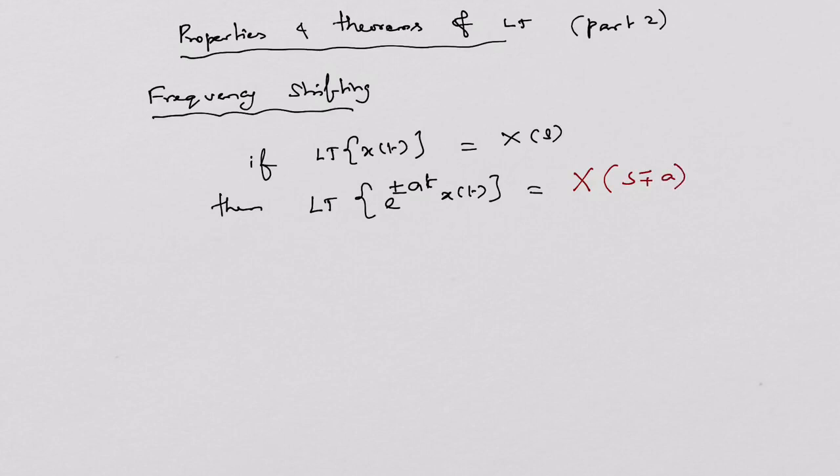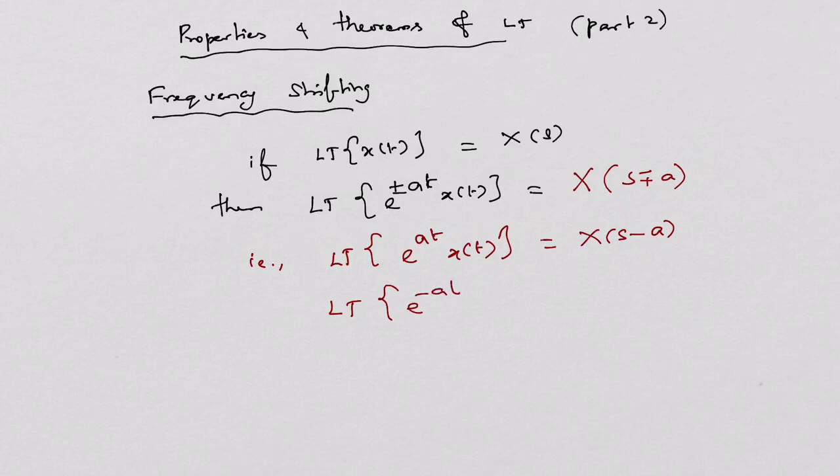For example, when we are supposed to find the Laplace transform of e power at x of t, you have to take X of s and replace s by s minus a. Or take the Laplace transform of e power minus at into x of t, for which the Laplace transform need not be computed.